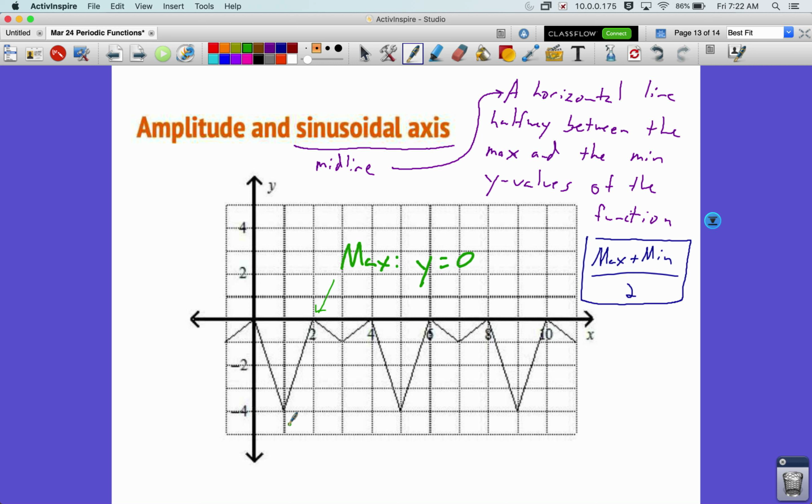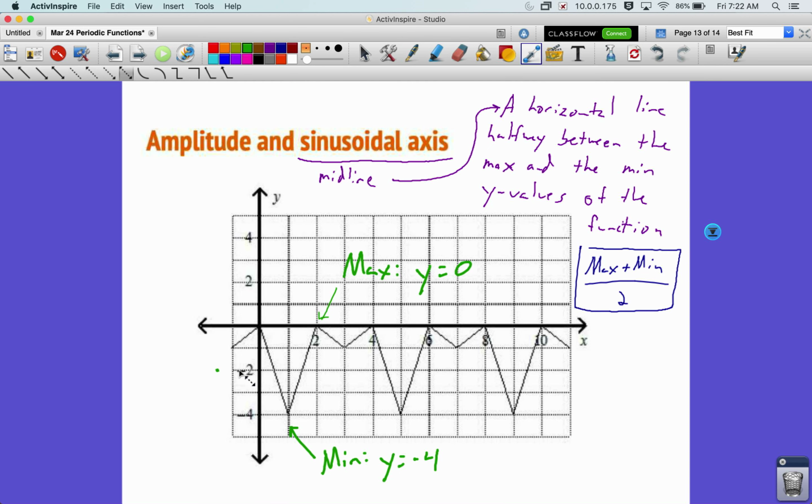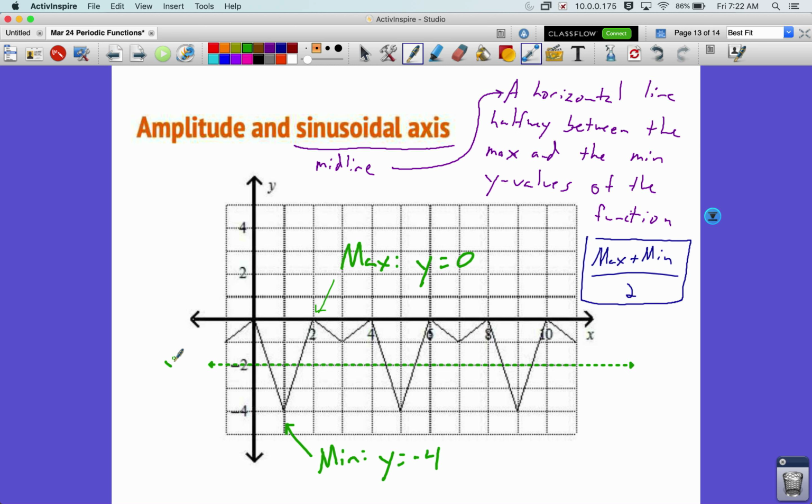The minimum y value that we get is y equals -4. Halfway between 0 and -4 is -2. So I can add in a horizontal dotted line. Let me make that a little bit thicker. At -2, this is our sinusoidal axis or midline. Our y equals -2 is our midline.